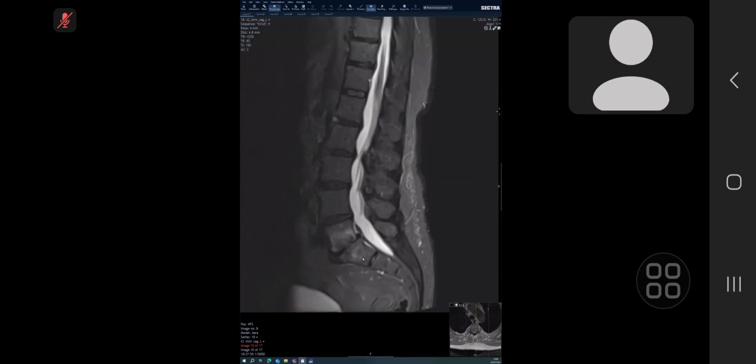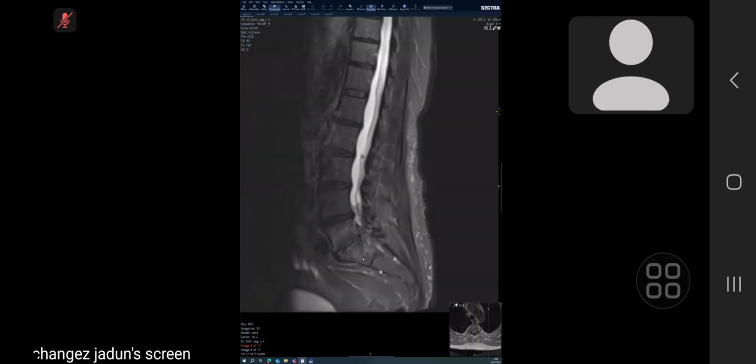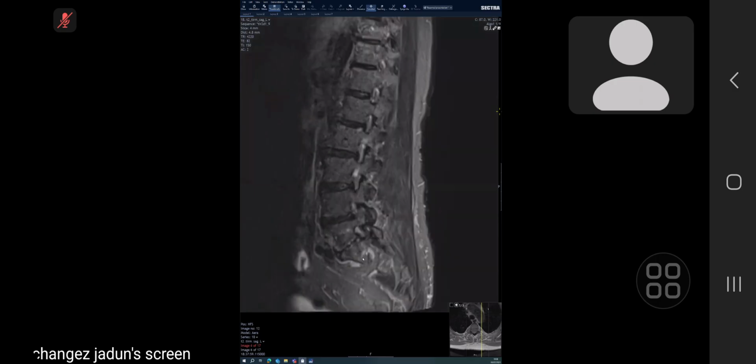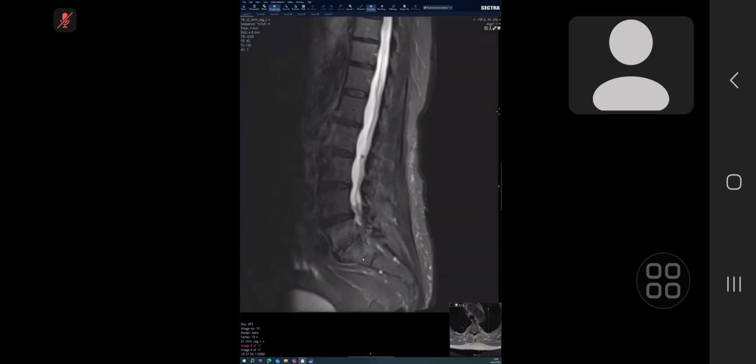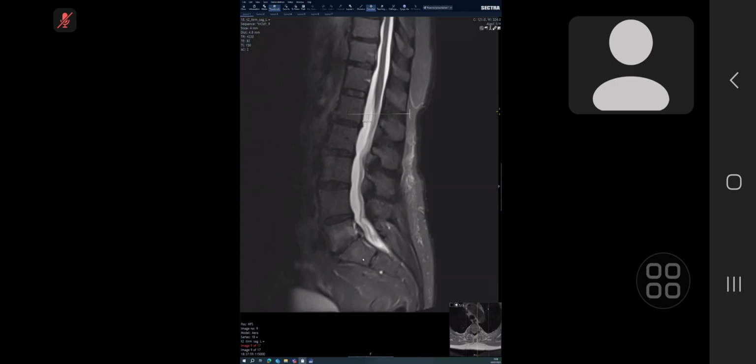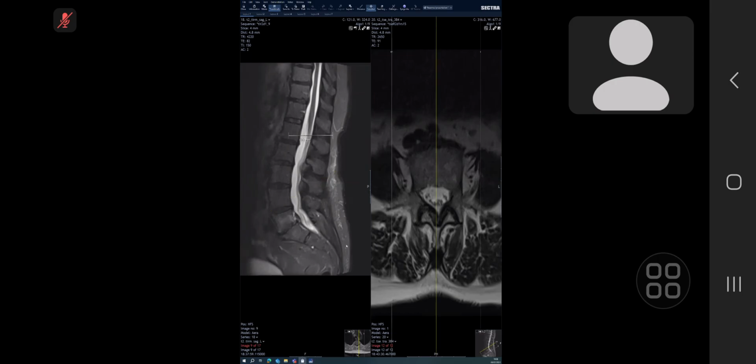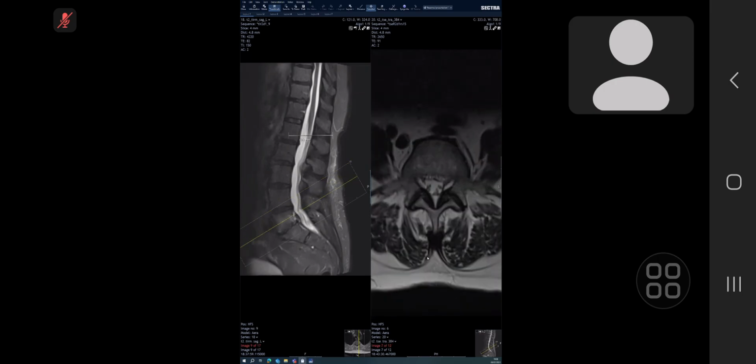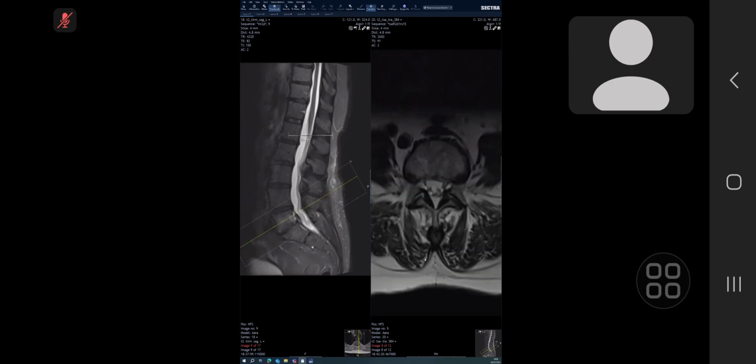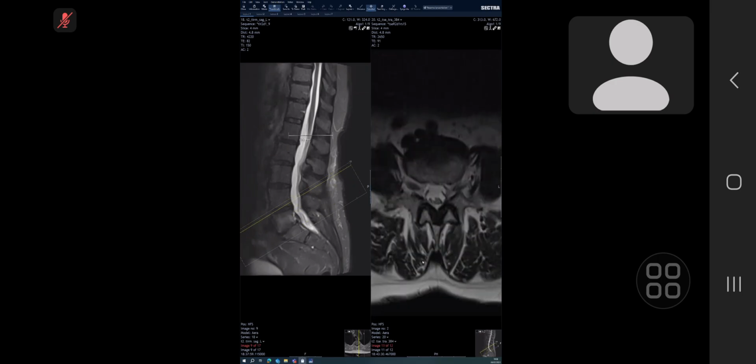So why do you say this is a tethered cord? I'm suspecting the fibers of the cauda equina are abnormally thickened. Thickened cauda equina fibers can be due to other reasons as well, like inflammatory causes, and due to inflammation these fibers can be thickened, so it can give a false appearance that the conus is going downward.